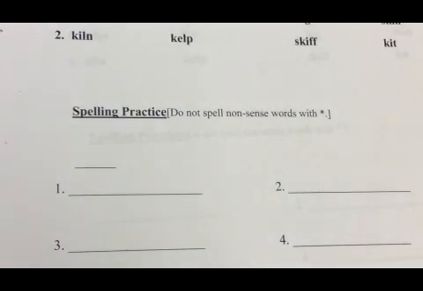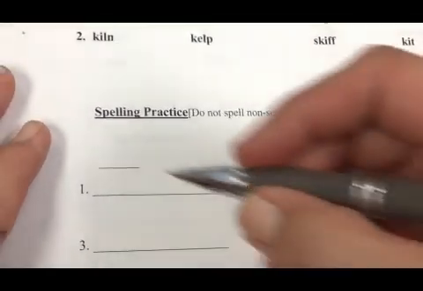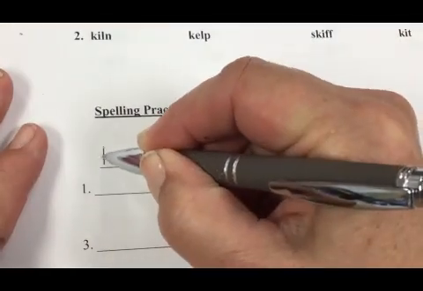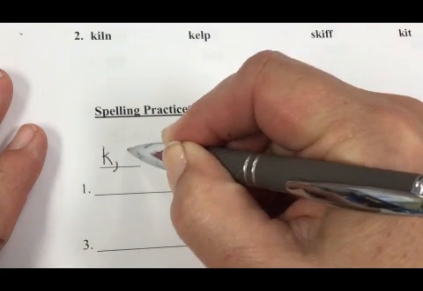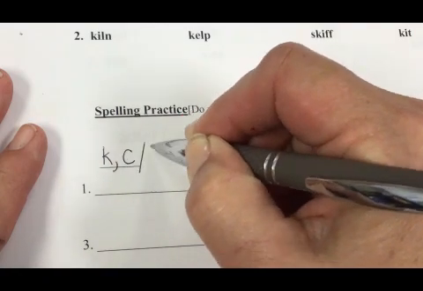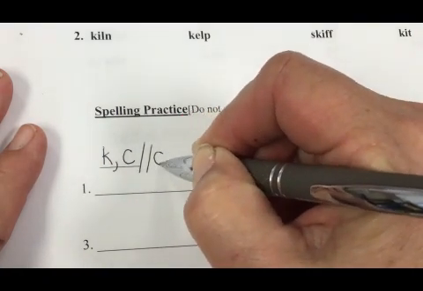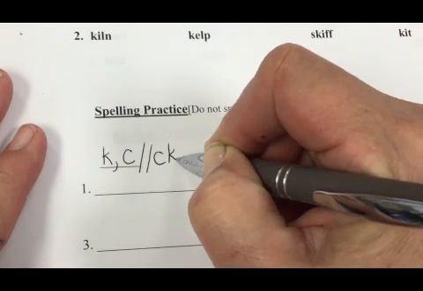Okay, let's get started for spelling. I'm going to say a sound. You repeat the sound and write the letters that make that sound. K. The answer is K, comma, C, final position, digraph CK.